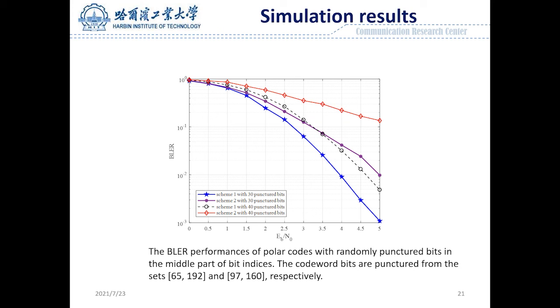We can see that scheme 1 has better BLER performance than scheme 2. From this, we can conclude that continuous impulse noise will lead to much more negative effects on the block average performance of polar codes than that of discrete impulse noise.